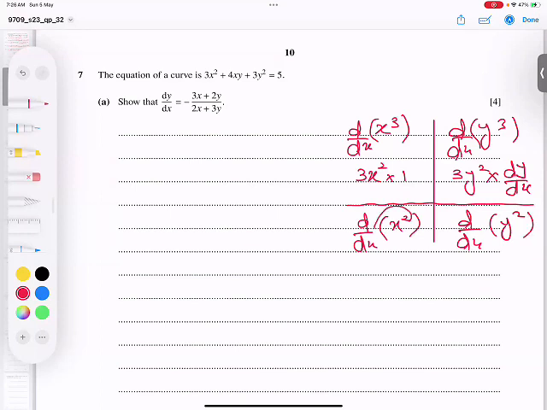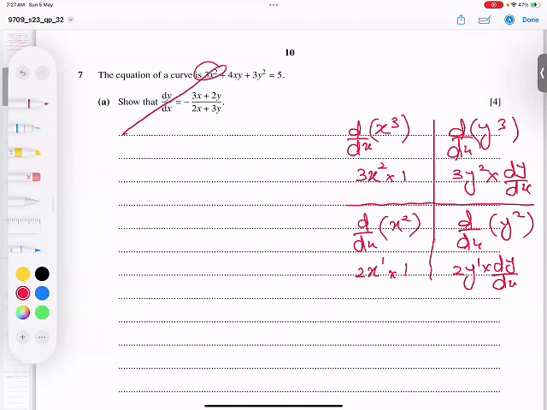This 2 will come and multiply, and the power 1 less, times the base derivative. dx with respect to x is actually 1, so you write this or you don't write, no problem. But when you deal with this kind of thing, 2 comes down and the power 1 less, and y with respect to x, we cannot cancel. We have to write it. So let's try to do it.